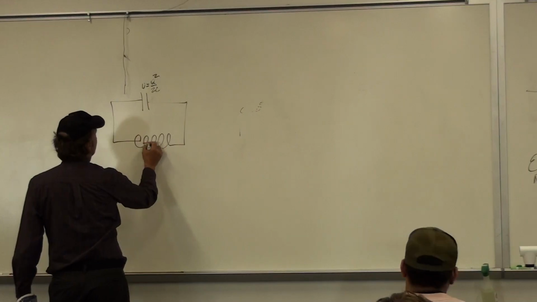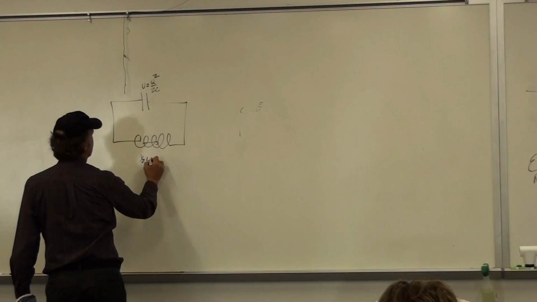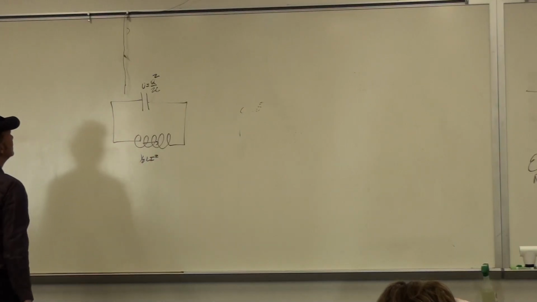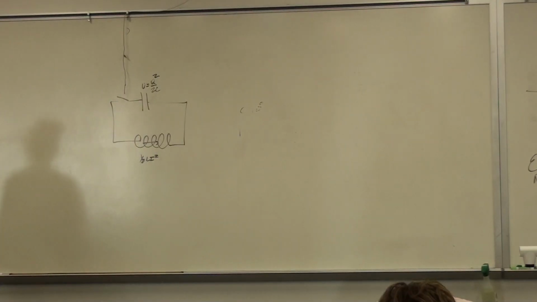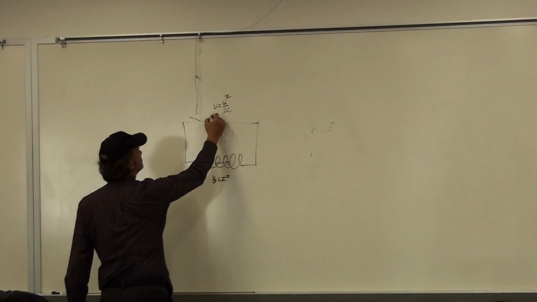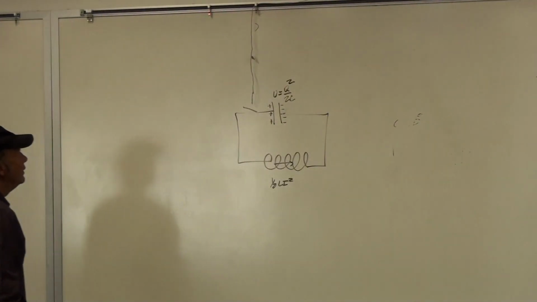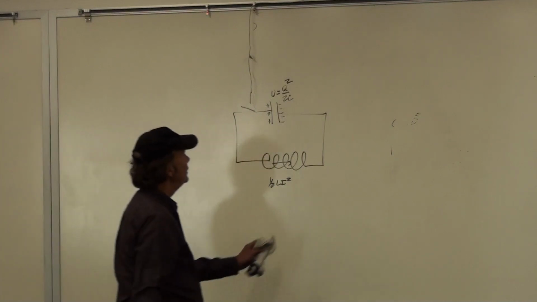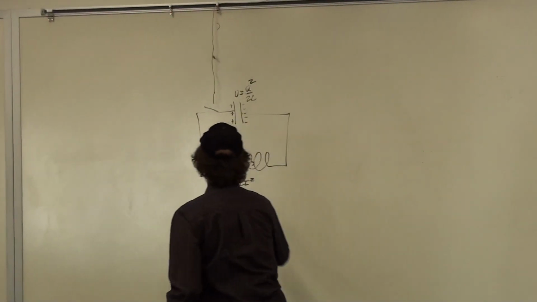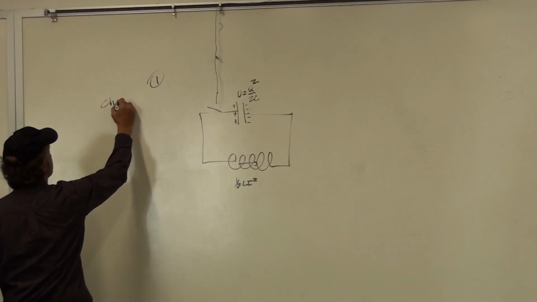And here, when we have energy flowing through the inductor, that's going to look like 1/2 Li squared. So initially, at time equals 0, let's say the capacitor is fully charged. And then we close the switch, and we let it short out through the inductor. So time equals 0. We'll call this step 1 of the process. Charge capacitor, switch over.